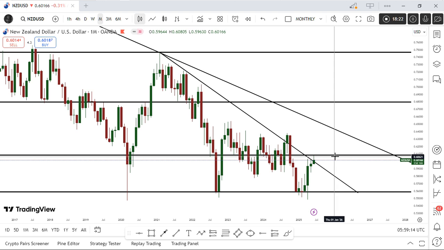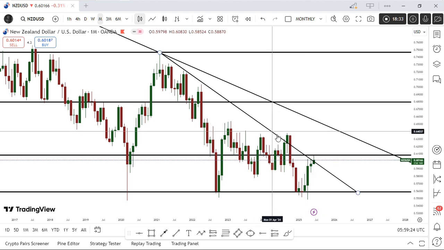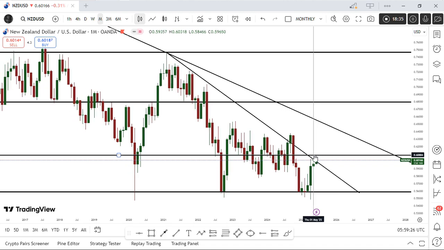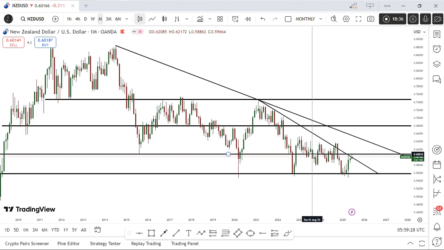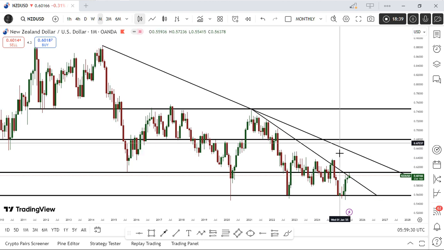Now we are going to be waiting for the month of June to see what the NZD US dollar is going to give us. If this pair stays below this line here, ladies and gentlemen, Egon Trade is telling you that it will not buy, it will dump.